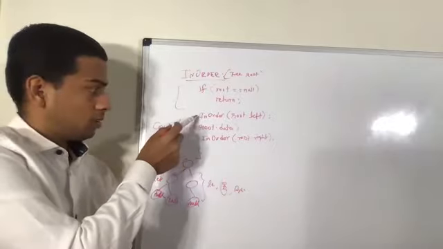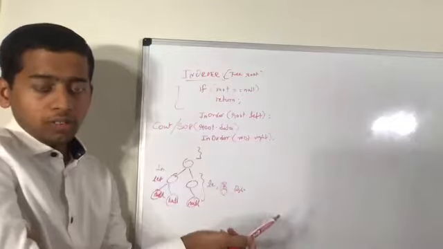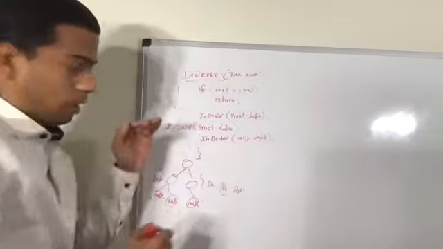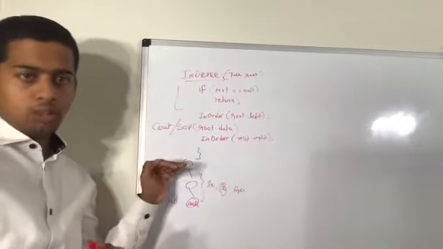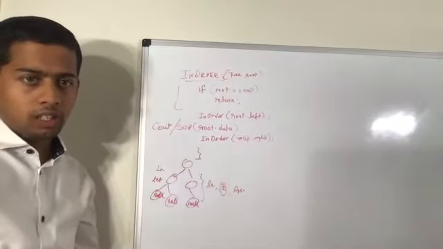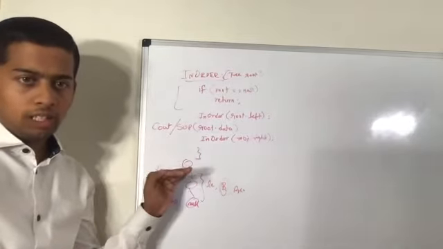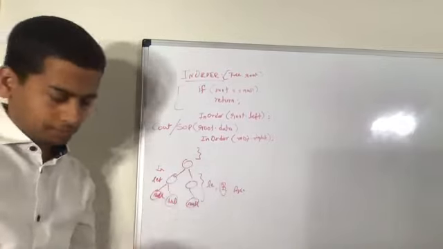Then post-order traversal: go to the left, go to the right, then print the root. So that's what we have done.